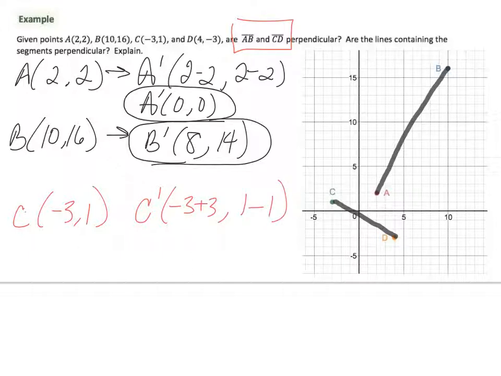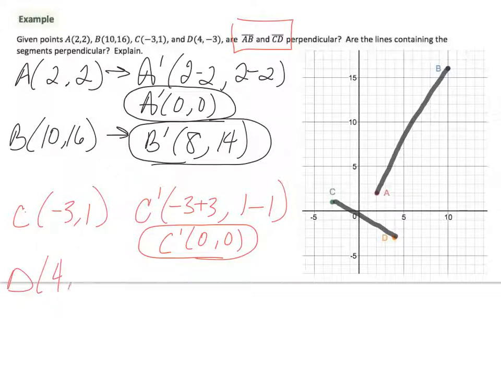That gets me 0, right? So C prime is 0, 0. So I have to translate D the same because they're a segment, they're attached. So 4 plus 3 is 7, and negative 3 minus 1 is negative 4. So there is D prime.